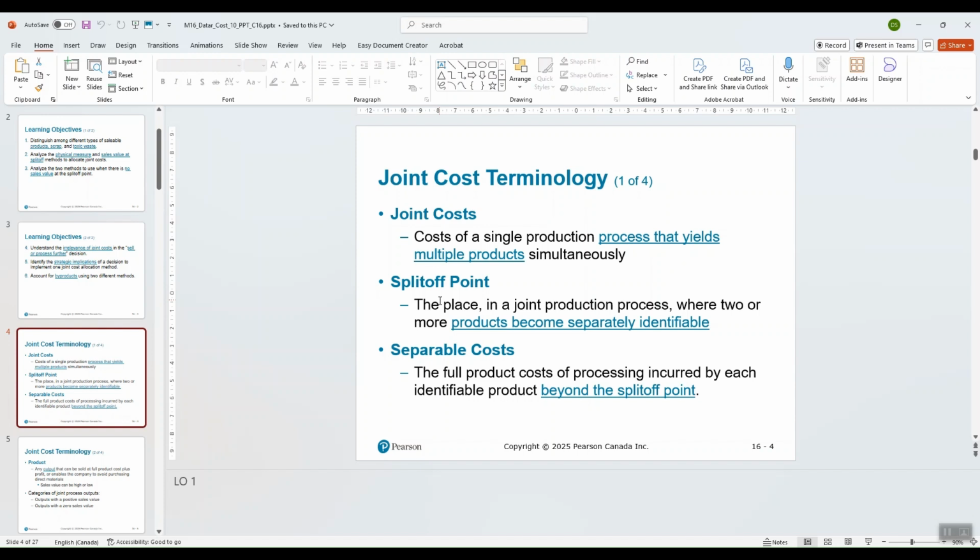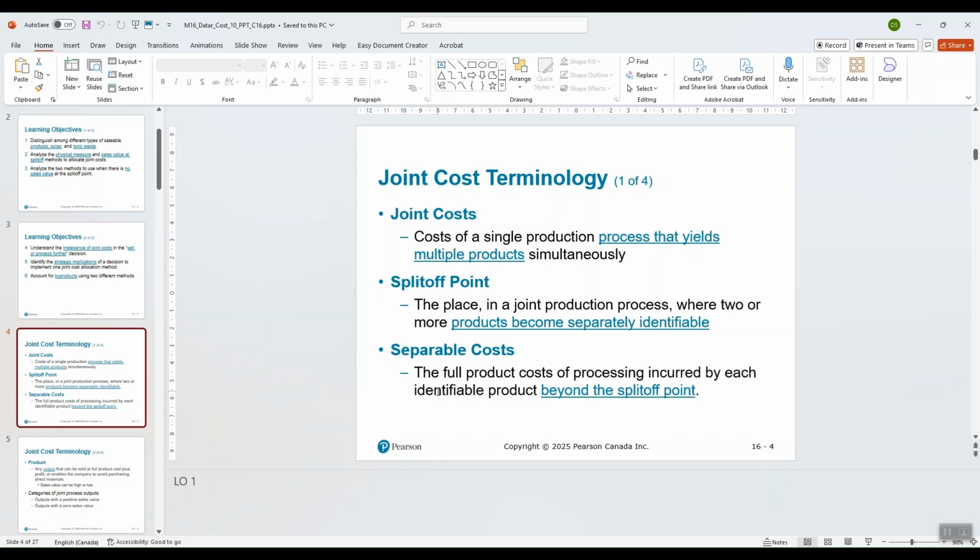Separable cost. Separable cost is any cost that you spend after the split-off point. For example, take milk. It's a dairy, so they have milk as a raw material. After the milk, they may produce cream, they may produce special cream, like buttercream, or they put vanilla syrup to create a certain kind of butter.